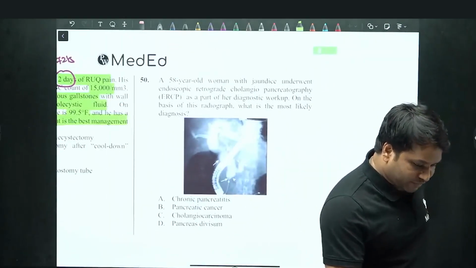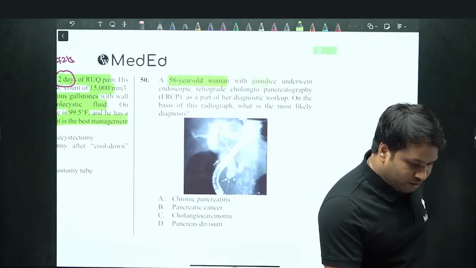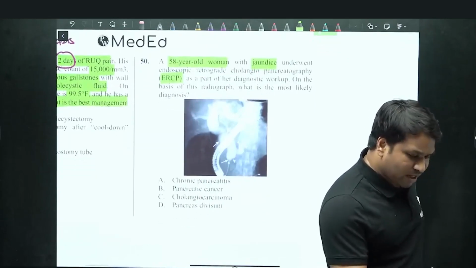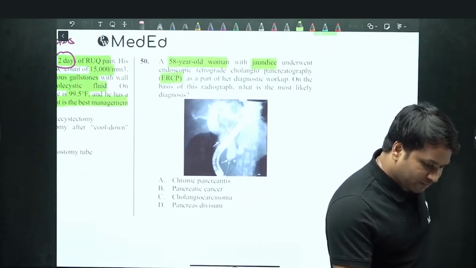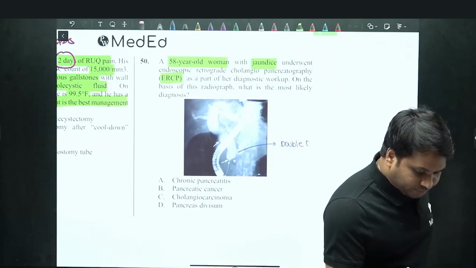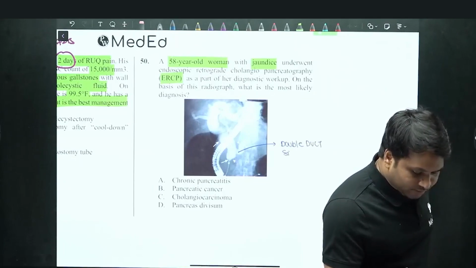Question number 50. That's the last question. A 58-year-old woman with jaundice underwent an ERCP for a diagnostic workup. This is the radiograph. What is the most likely diagnosis? You can see this is a very classical sign, which we call the double duct sign.